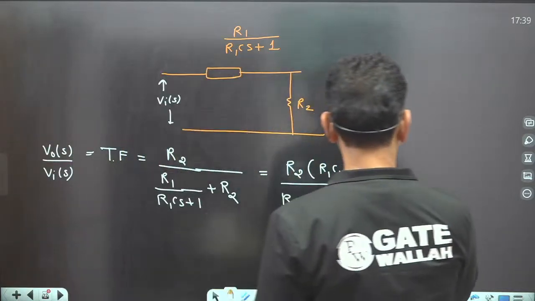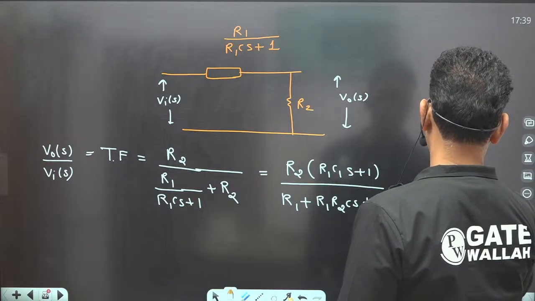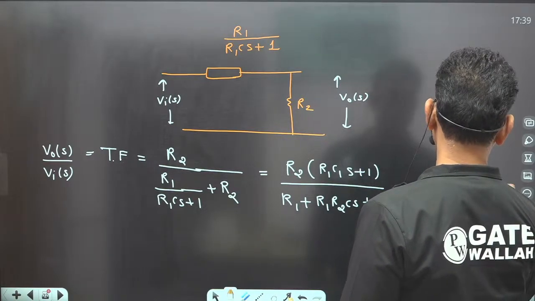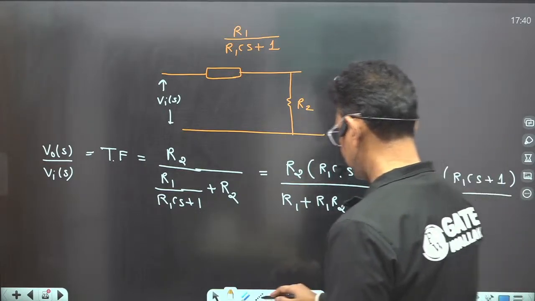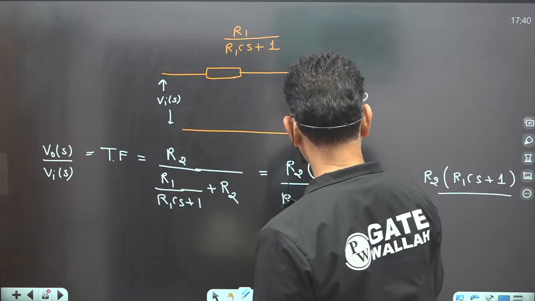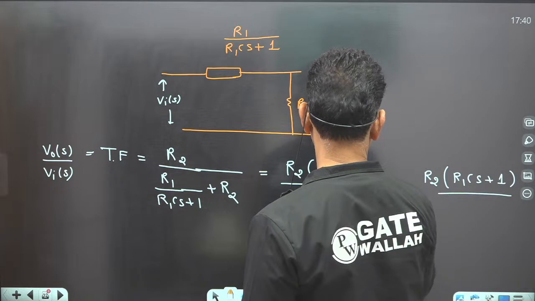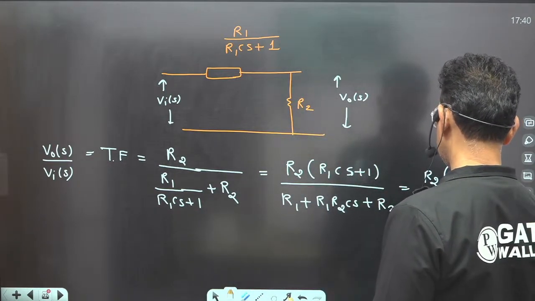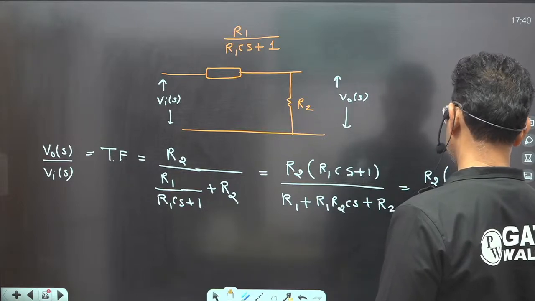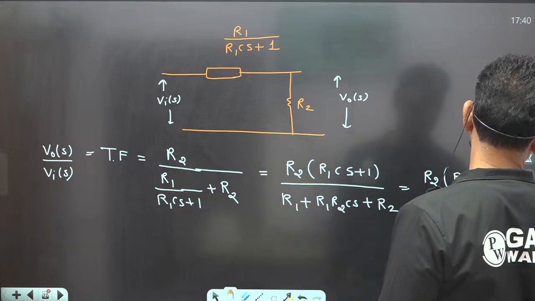So you can write in this form: R2 (R1 CS plus 1). It is not C1, it is only C. And here R1 R2 CS plus R1 plus R2. Clear up to this point?